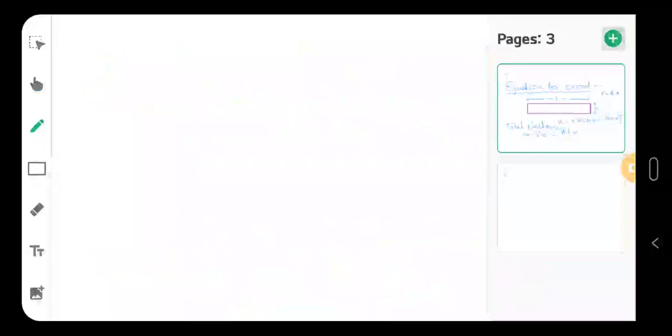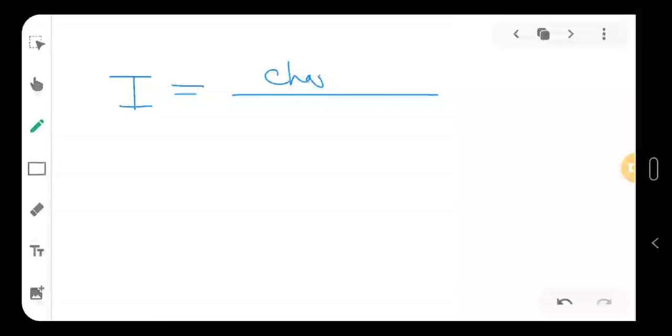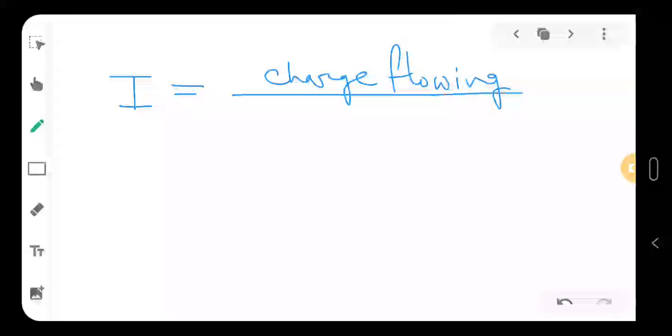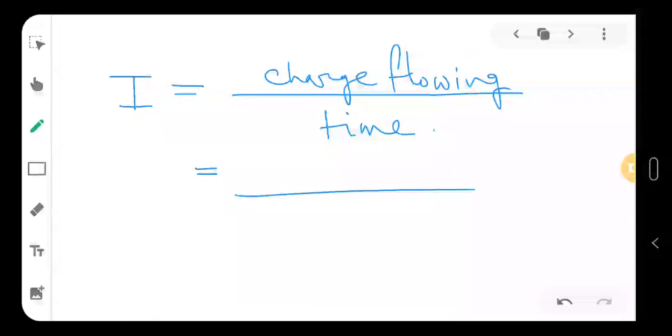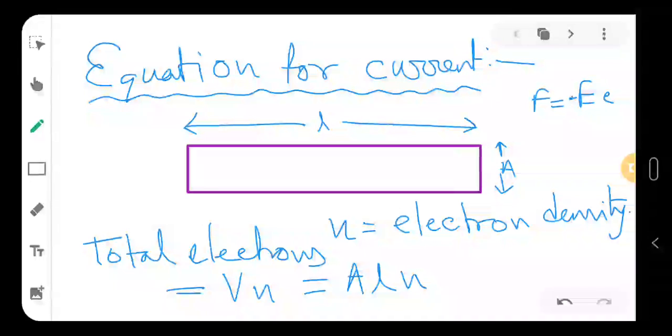Now I say that the current is charge flowing by time. So a single electron has E amount of charge.